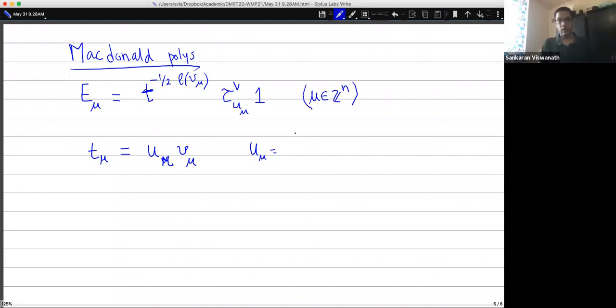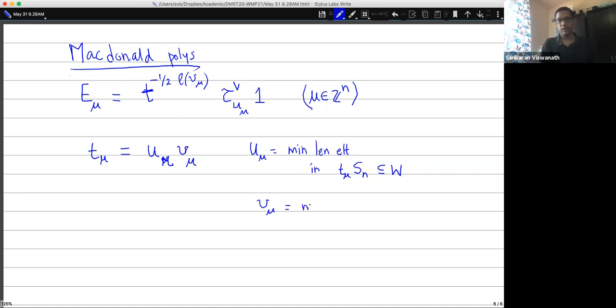So I can look at the corresponding translation. I write it as, so this is the minimal coset representative, the minimal length element in the coset t mu Sn, the coset of the finite Weyl group inside the affine Weyl group. And v mu is, well, once you figure out what u mu is, it determines v mu uniquely.